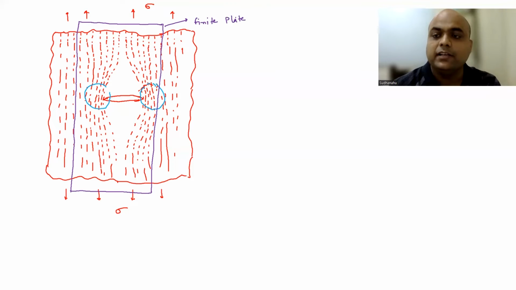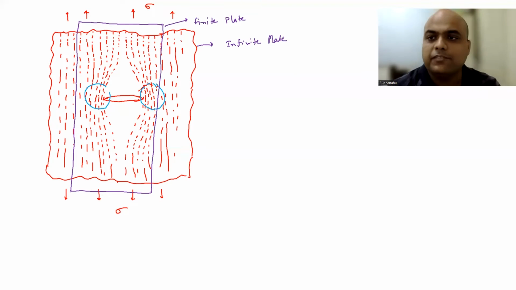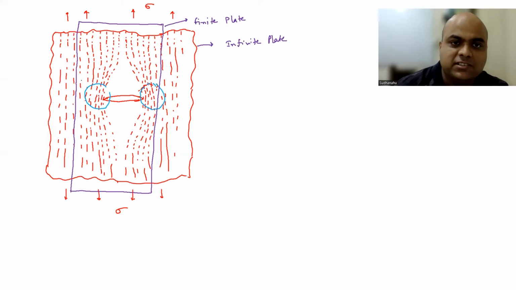So it has some width. The infinite plate also has width, but the dimension of the plate is much higher than the crack length. Now if the finite plate is under the same applied stress, suppose we have these stress lines, or stress trajectories, or lines of forces, say n numbers.